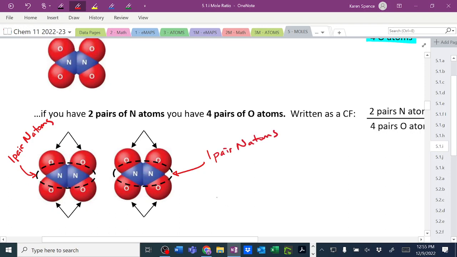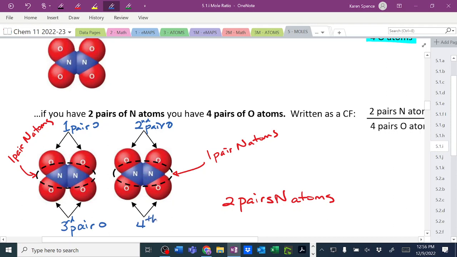So in total, we have 2 pairs of N atoms. Then we have 1 pair of O atoms, a second pair of O atoms, a third pair of O atoms, and a fourth pair of O atoms.